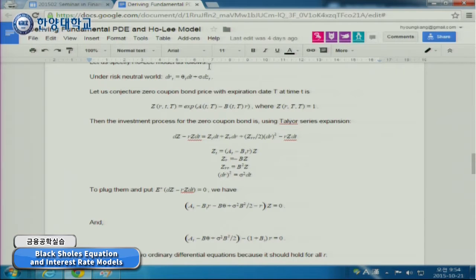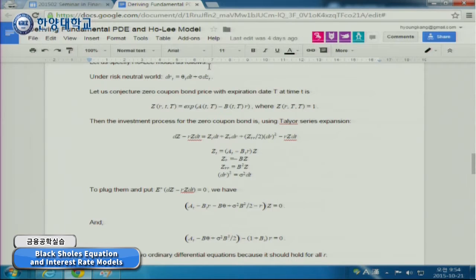What is the value of that when the interest rate follows the Ho-Lee model? Here we need some educated guess about the solution. We are not sure, but if you do a lot of equation mathematics, then once you see the problem, you can kind of guess what the solution would look like.